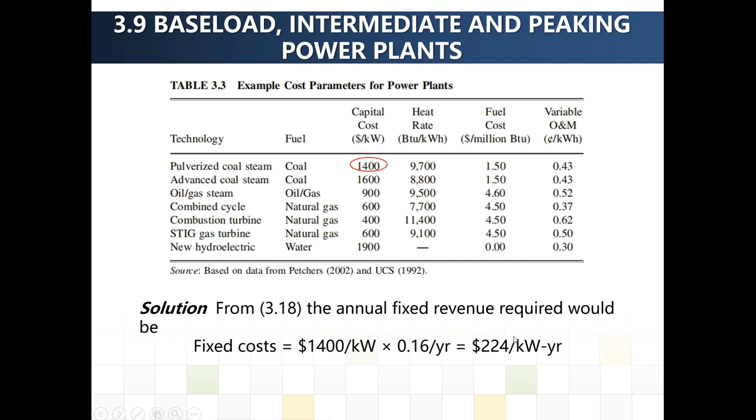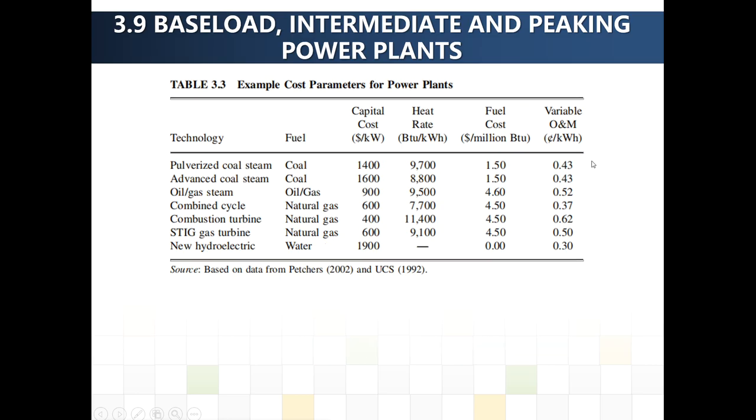So we convert it to a yearly basis, so that we can combine this value with the operating cost, since the operating cost is also on a yearly basis.